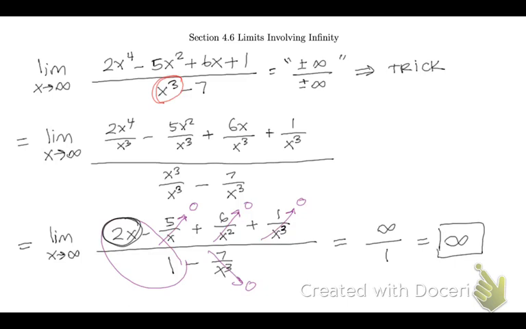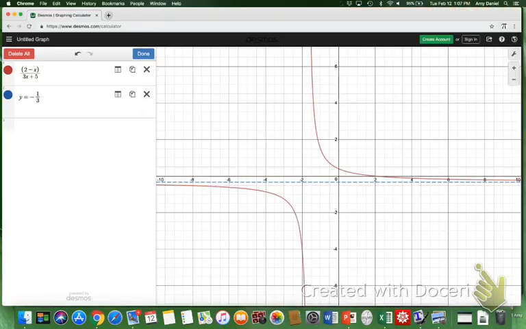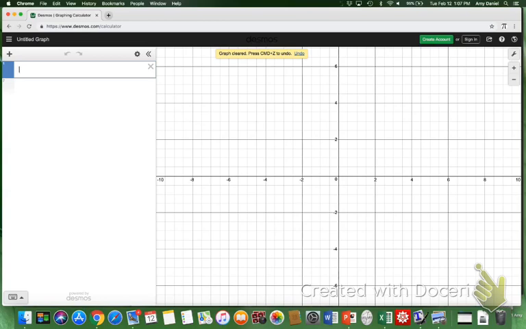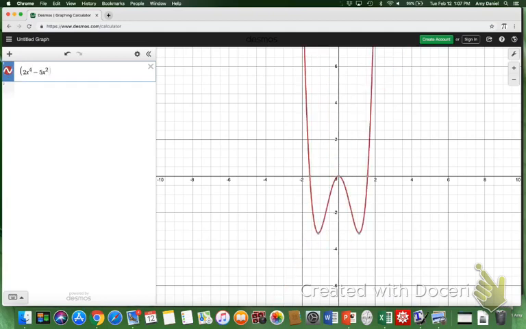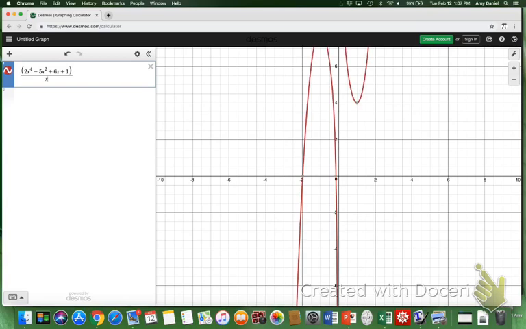So let's take this function over to Desmos and just graph it and see. If I graph this function, this is the beast, 2x to the fourth minus 5x squared plus 6x plus 1 divided by x cubed minus 7.